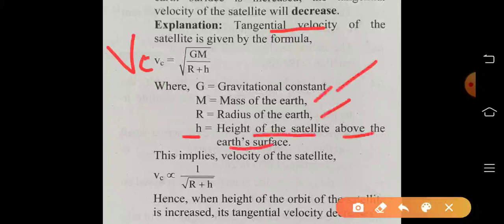This implies the velocity of the satellite. G and M are present in the numerator. So what is the relation between velocity and height? They are inversely proportional. That's why we write the critical velocity Vc is inversely proportional to 1 upon the square root of (R plus h).